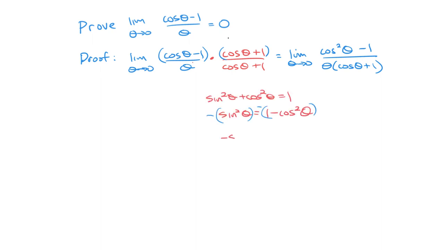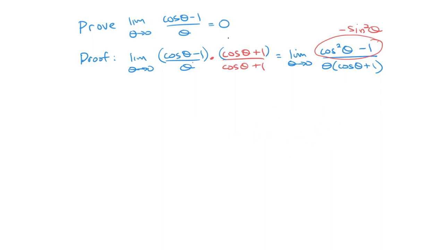Then I would get minus sine squared theta equals negative 1 plus cosine squared theta, or in other words, cosine squared theta minus 1, which is what we've got. So really, this thing could be replaced with negative sine squared theta. I know it's a little strange with the negative, but it will work for us here.